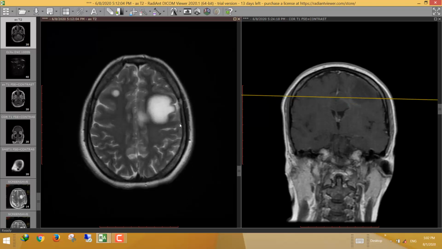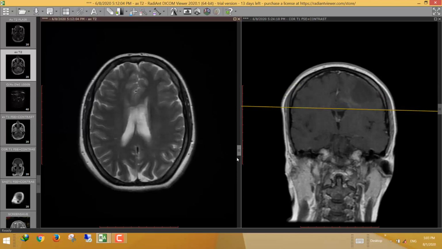This linear traversing structure usually represents venules or cerebral venules that the demyelinating lesions are usually centered upon. Again, this is one of the characteristic features of the demyelinating process and tumefactive MS. So these three lesions here are likely representing tumefactive multiple sclerosis.